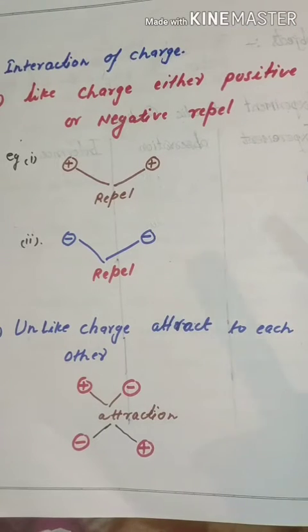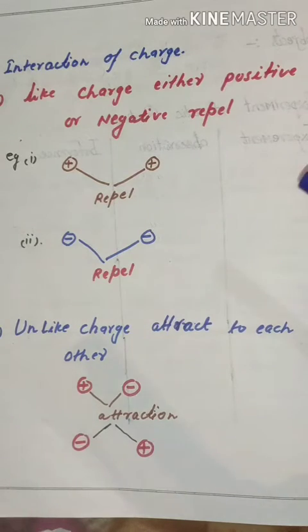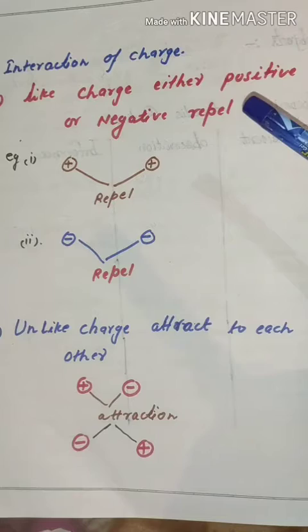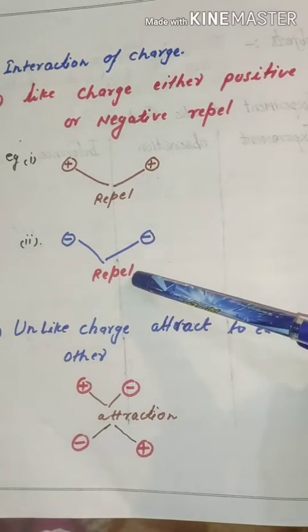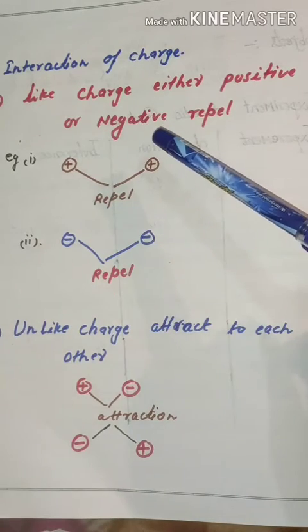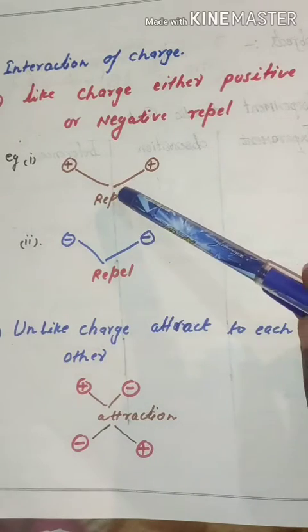So student, our next topic is interaction of charge. The tendency of charges to attract or repel is called interaction of charge. Student, if you have like charges, that is both positive or both negative, they will repel each other, that is called repulsion force.